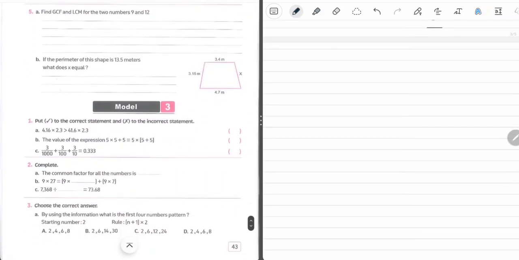Find GCF and LCM for the two numbers 9 and 12. First of all, you have to find all prime factors for both of these two given numbers. So 9 will be 3 times 3. 3 is a prime number, and the other 3 also is a prime number. So it's finished. Any prime number, you have to put it in a circle.